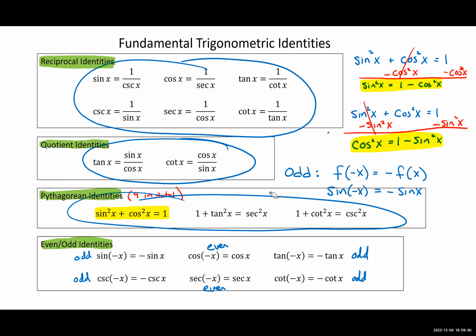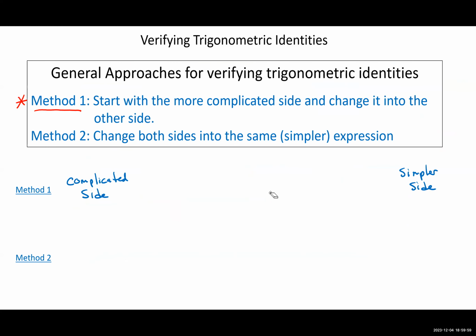So we know how to work with equations, and we've got this pretty hefty list of fundamental identities. So assume all of these are already true. We don't need to prove them because they are basically definitions. Okay, so we could show that the complicated side is equal to this, which is in turn equal to this, which is in turn equal to this thing over here, which is in turn equal to that, which is in turn equal to the simpler side.